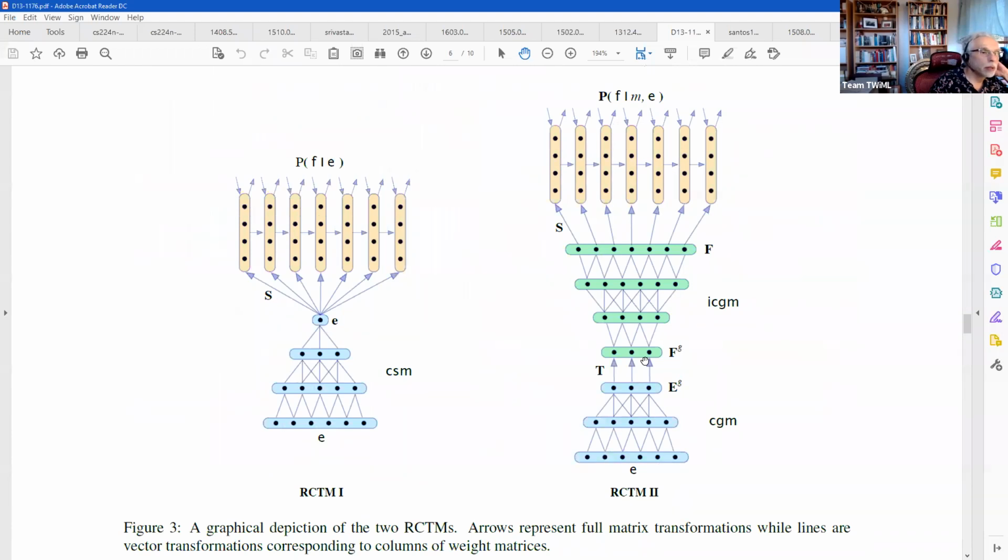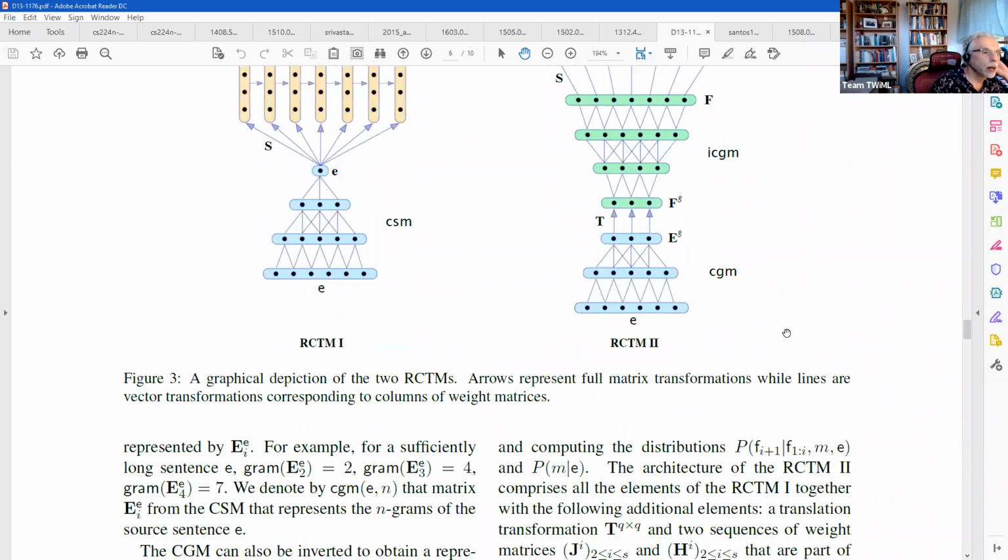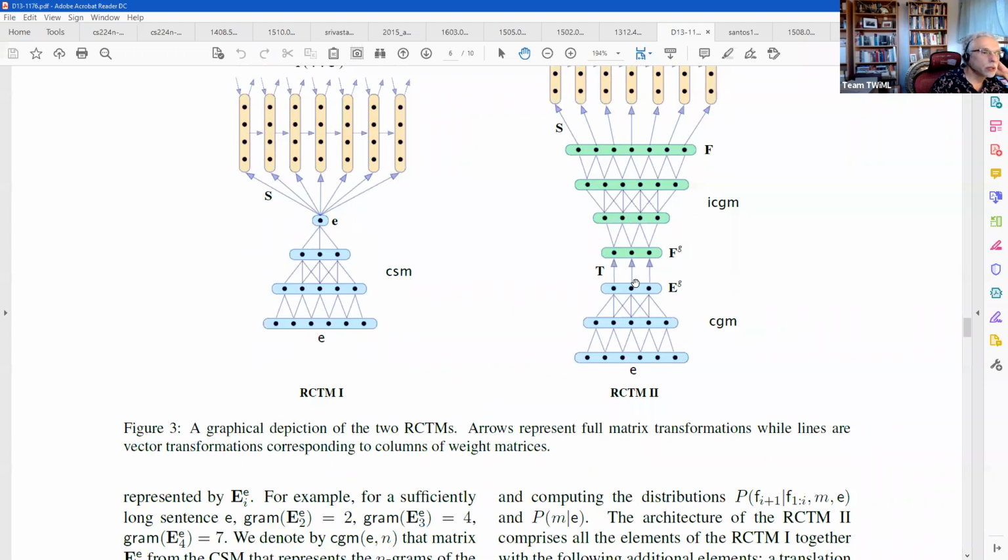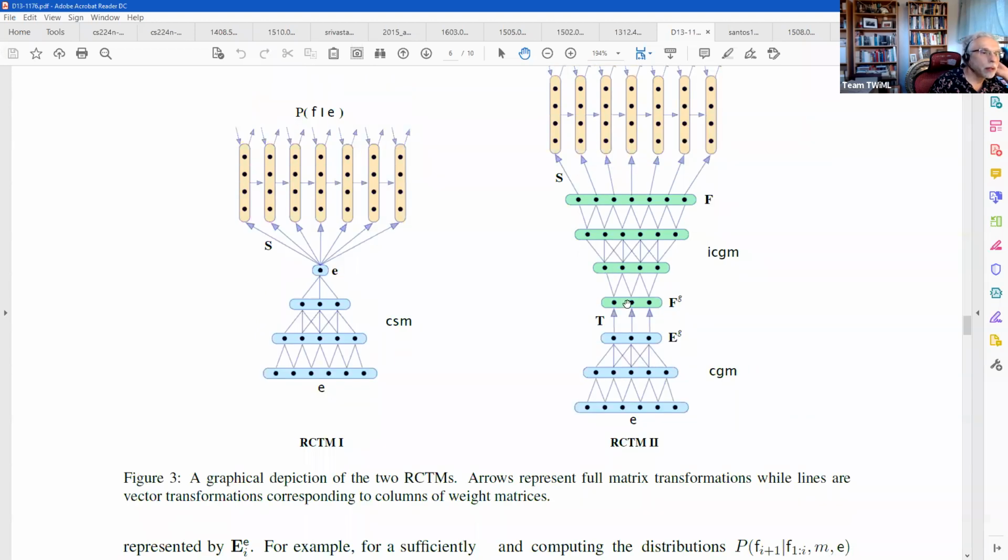And then they're looking at some different possible architectures. I'm not sure I get this. So this is the output of the encoder, and then there's a bunch of fully connected layers, the arrows it says. The lines are columns of weight matrices.